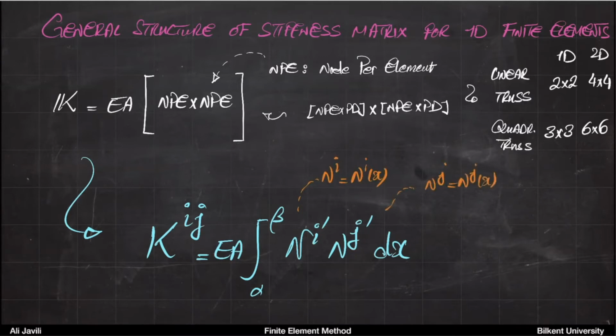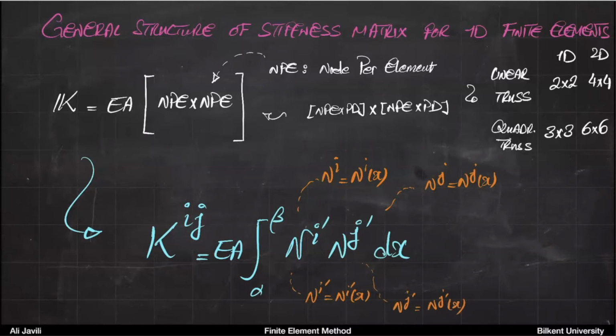That means Ni prime is also a function of x and Nj prime is also a function of x. Maybe you can also imagine if this is linear, maybe Ni prime would be just constant. Okay, but that is not the key message here. The key message here is that Ni prime is eventually just a function of x, and Nj prime is also a function of x.